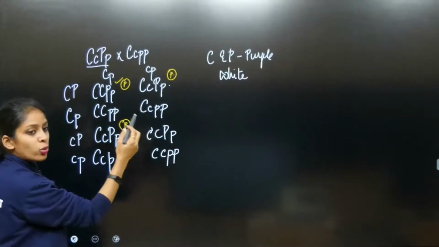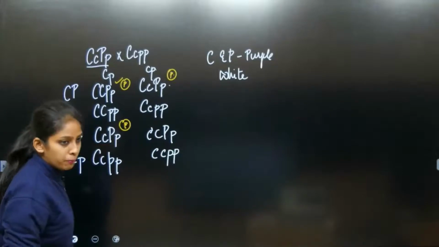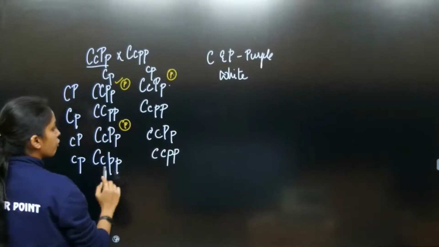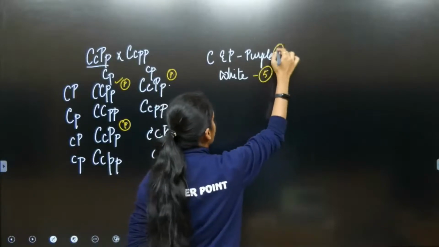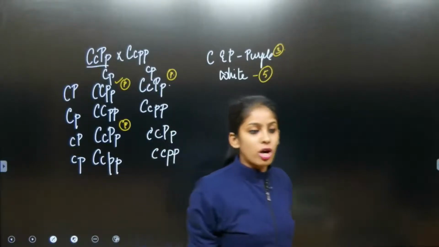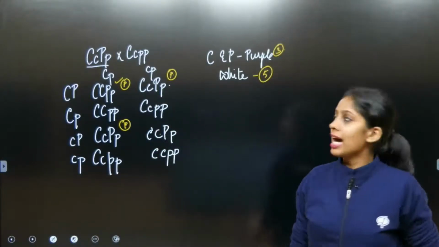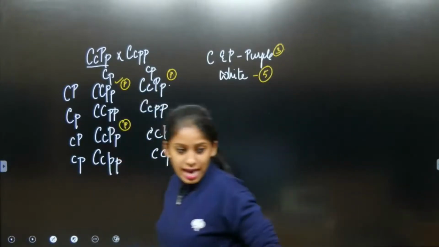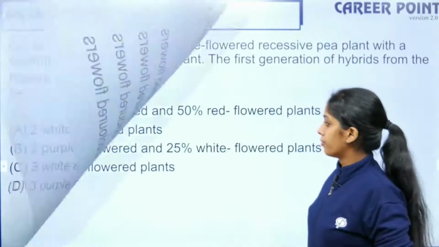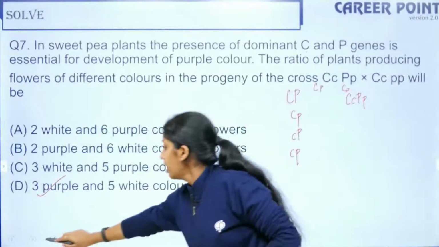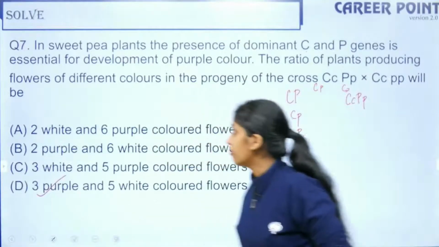So the remaining have only dominant C or dominant P, right? So 1, 2, 3, 4, 5. So you have 5 white and 3 purple, right? So the option is D. Clear? So, Shimpi, did you understand? Okay. So it is 3 purple and 5 white colored flowers.